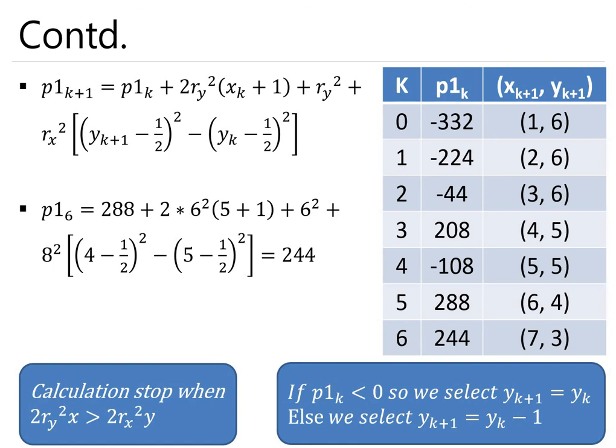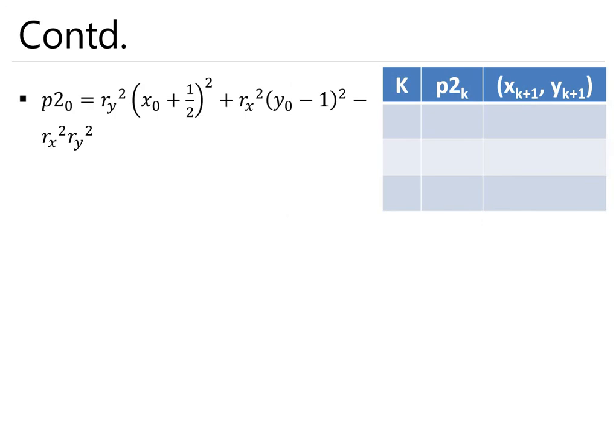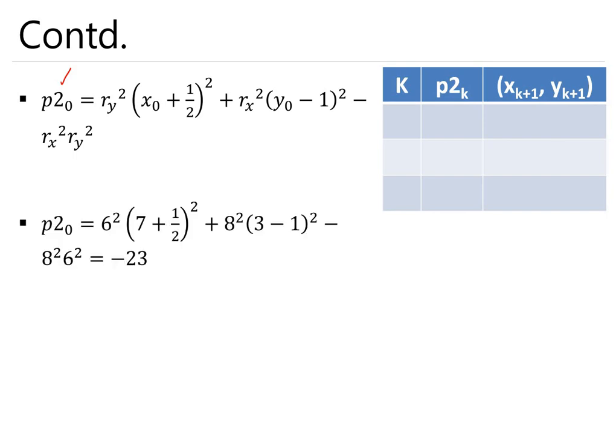So after we calculate all these things for each iteration, we will move to region 2. So p20 indicates region 2. We will calculate the value here, and then we find out that it is negative.